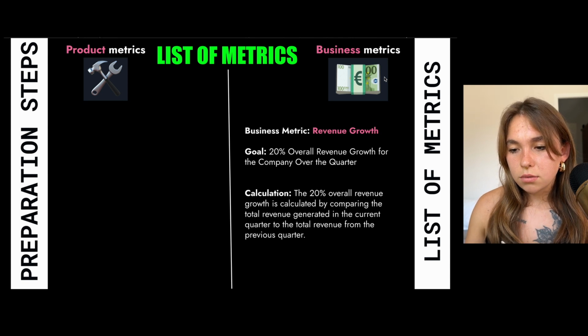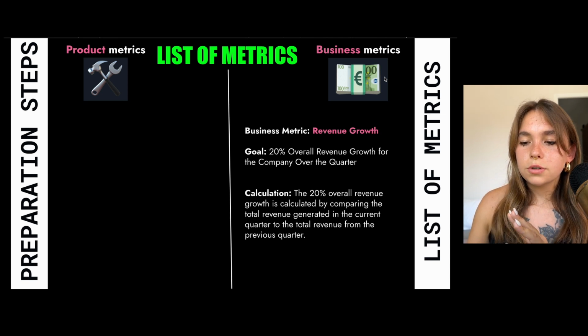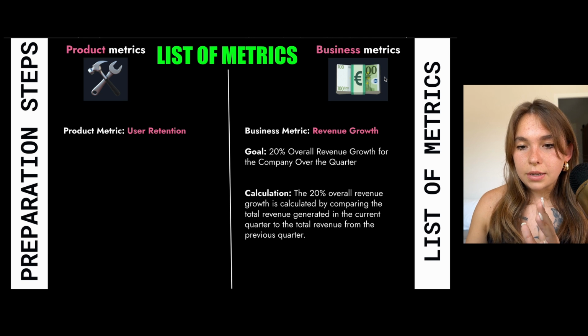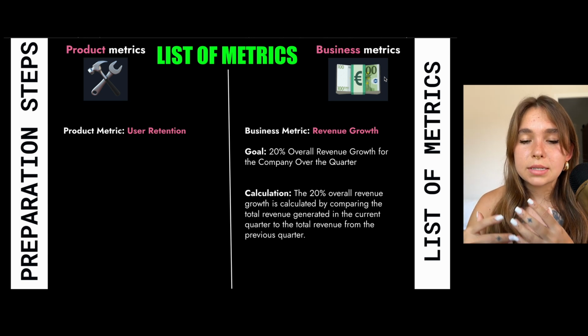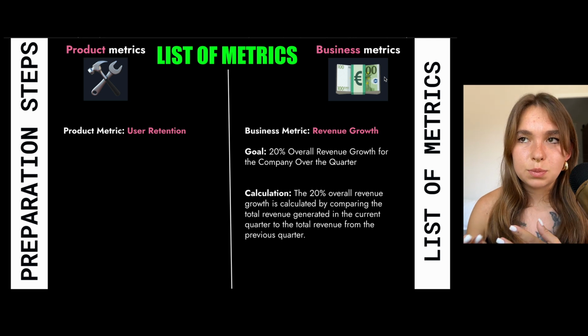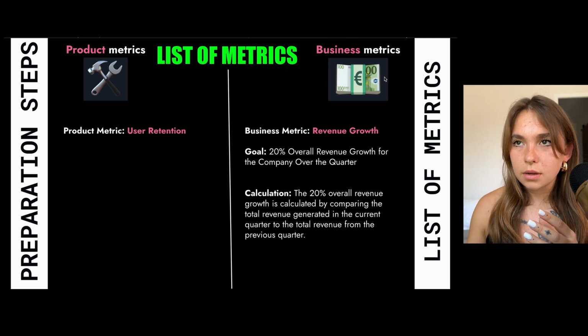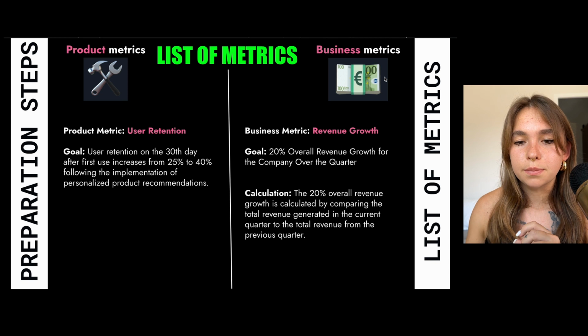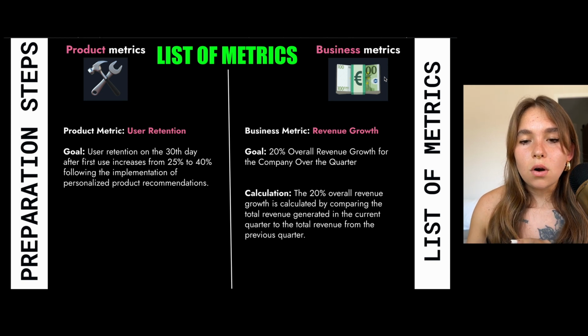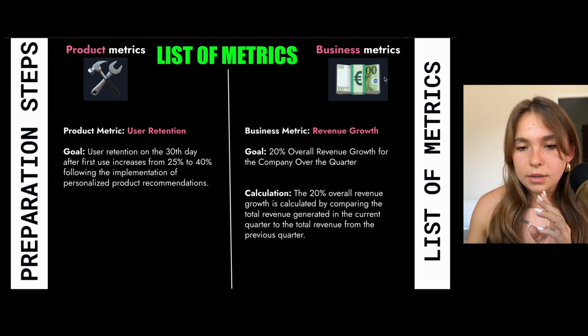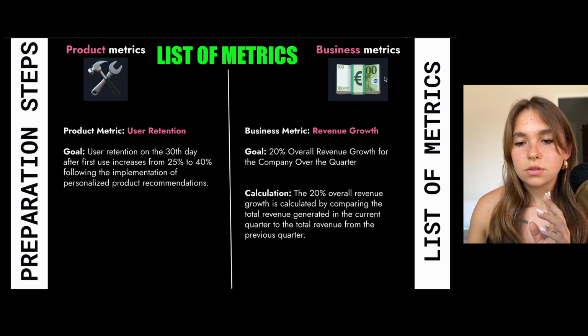It's calculated somehow, we have a special formula for it. After that, based on this business metric, we have a product metric. Normally, we can discuss it with the product owner or someone responsible for this calculation in the team. And the goal is to increase user retention to 40%.